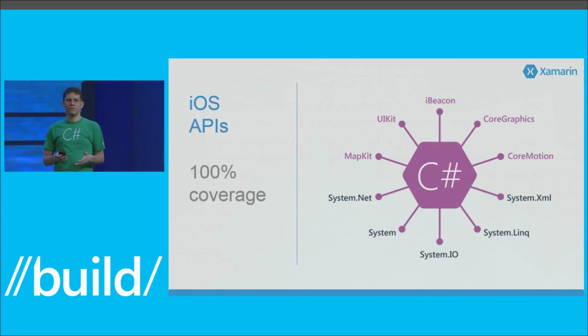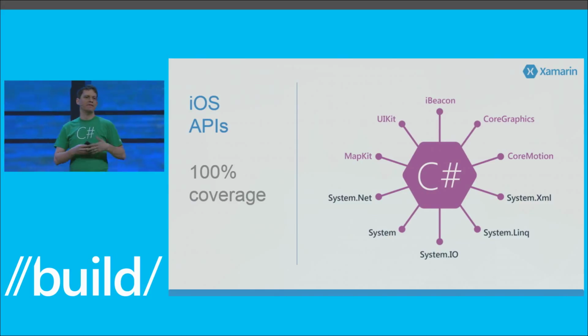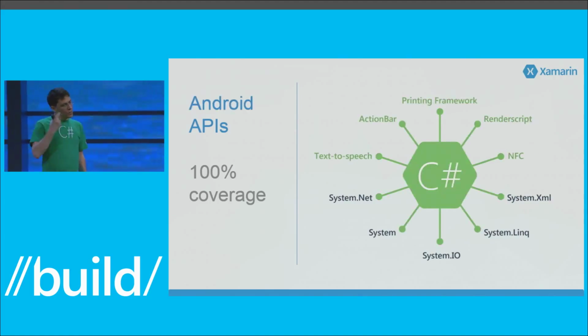You don't have arrays of views or arrays of buttons or arrays of labels or arrays of gestures or arrays of Bluetooth connections. You have arrays. You extract data from the arrays and just hope that you got the right type, and that the thing is what you expect. So we did a little bit of work there to make sure that all of the iOS APIs are surfaced, but also that they are strongly typed and that they use all of the .NET idioms you're familiar with. We did the same thing with Android.